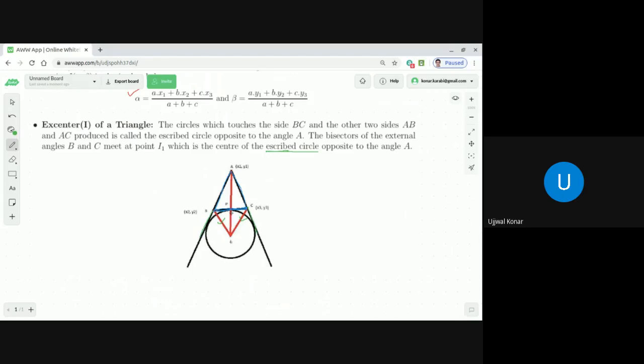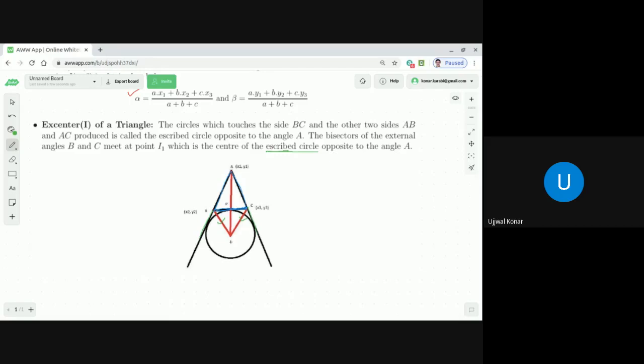Then the circle we get is touching BC and AB and AC produced, and the center of this circle is nothing but the point of intersection of the external bisectors of the angle B and C.